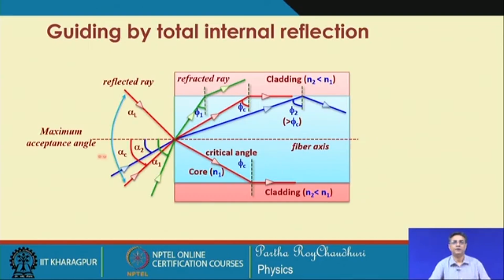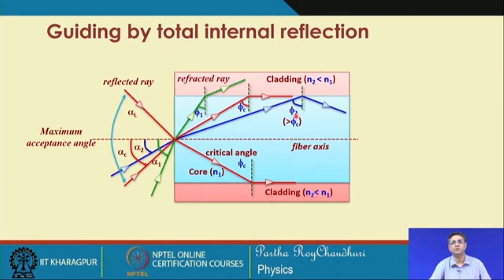Now, we will look at the very simple concept behind light guiding in an optical fiber. You have several rays making different angles with the axis of the fiber, but the one which satisfies the condition of the critical angle at this core cladding interface will be guided through the structure.